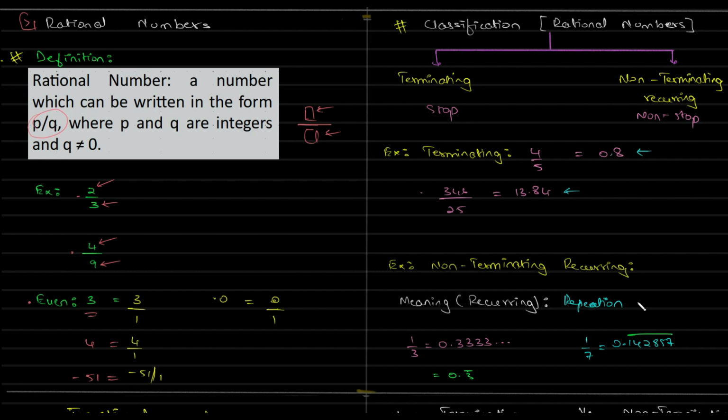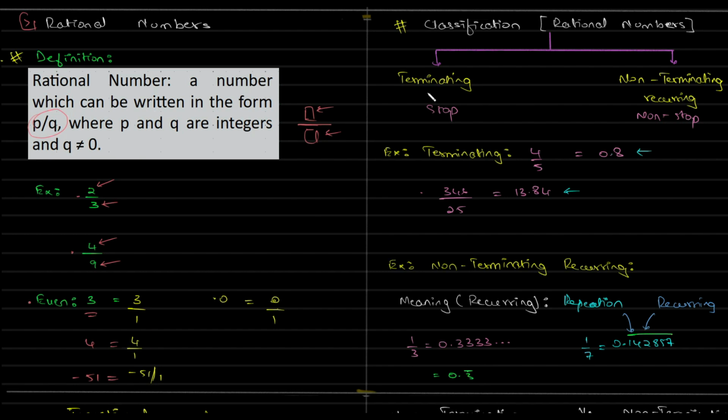Okay, so to indicate that this bunch of numbers is repeating and never stopping, we put a bar on that, indicating it is recurring. When I put a bar on 3, we are indicating that the 3 will keep coming. Okay, so we'll see a lot of examples on this, right?